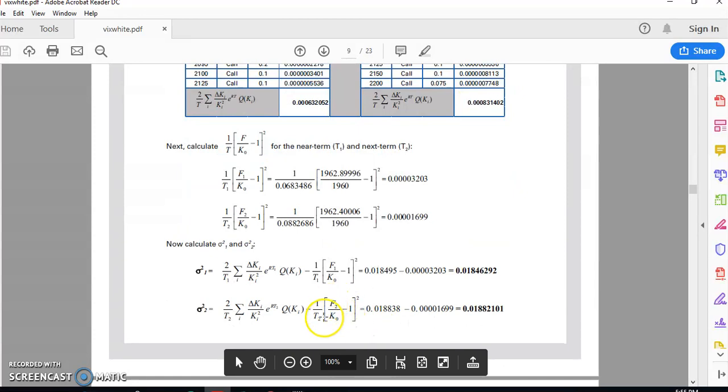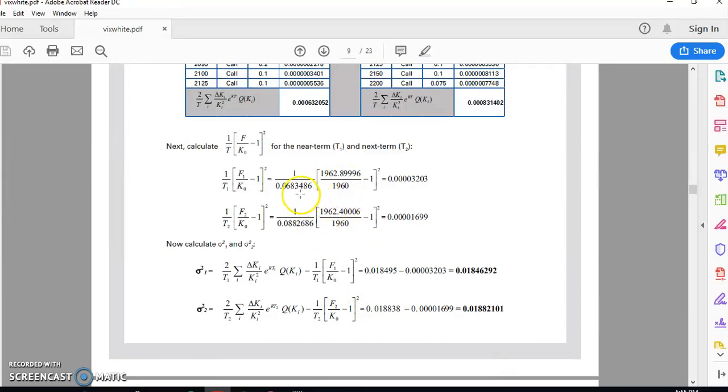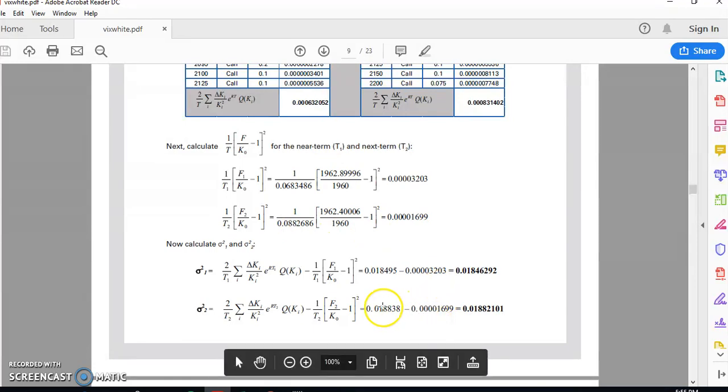Finally we subtract away, again repeating what was done here, but note we used F2, which we had estimated before, and T2, otherwise the same, and that figure was subtracted away from this other figure to produce the 0.01822.